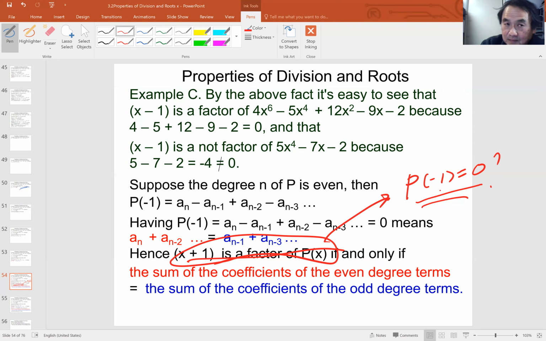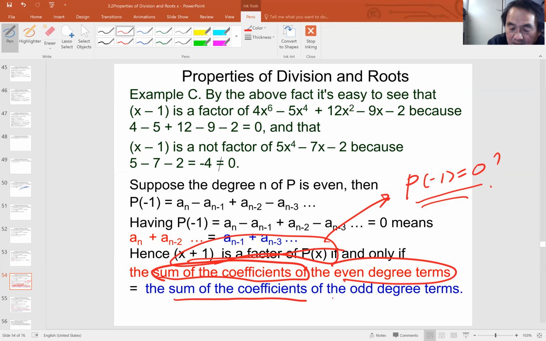So when we plug in, supposed to get 0, the only way for this to happen is that the sum of the even-degree coefficients is precisely the sum of the odd-degree coefficients.